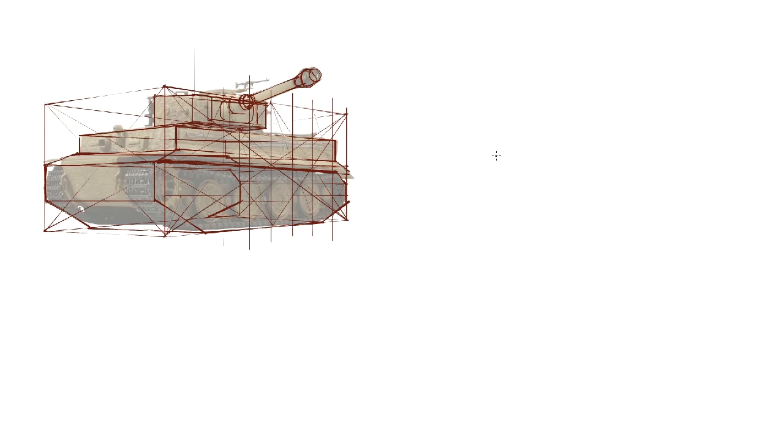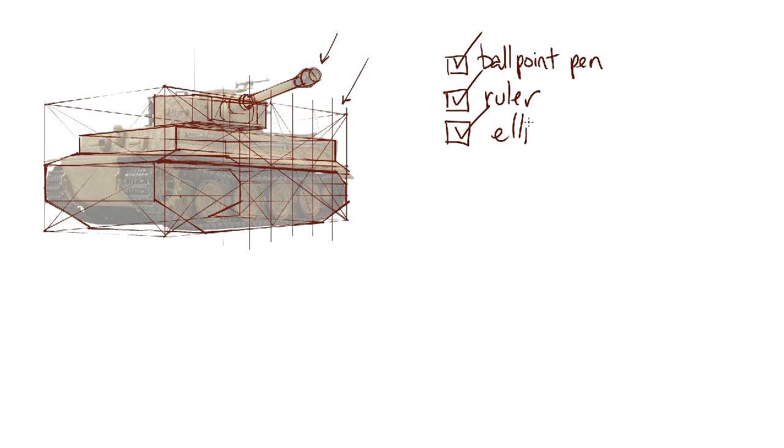For this lesson, I am perfectly okay with you using ballpoint pen or even a much smaller line weight to do all the subdivision, your initial box and everything, and even these sorts of very geometric block-ins of forms. Feel free to do that with ballpoint pen. Feel free to do it with a ruler. And later on when we start dealing with ellipses, feel free to use an ellipse guide.